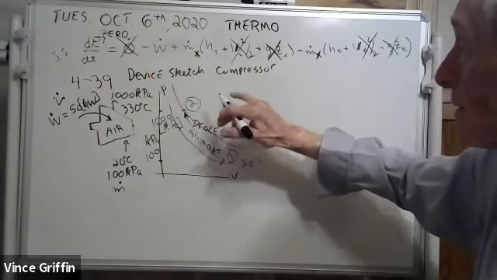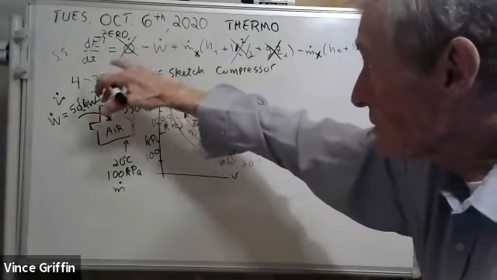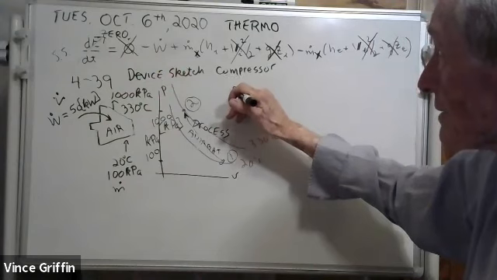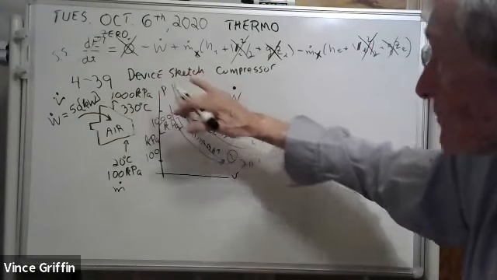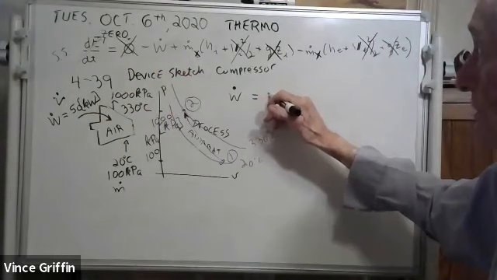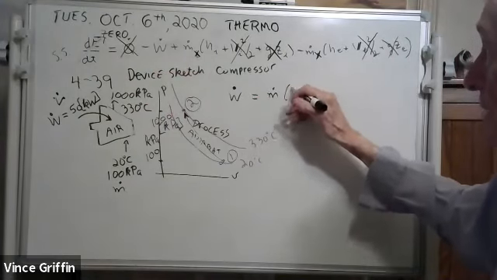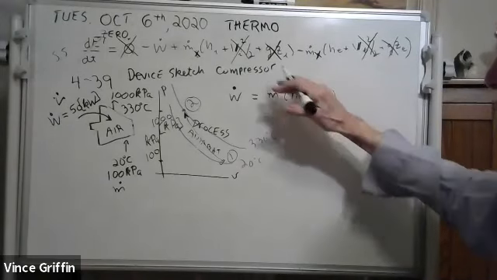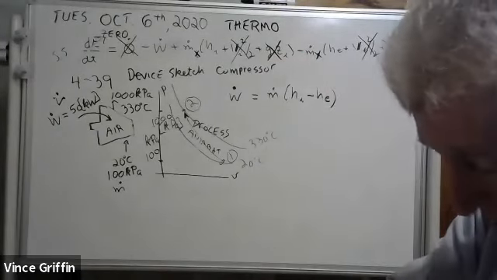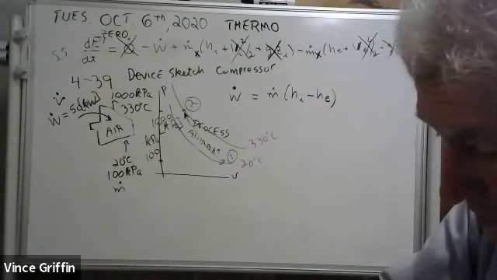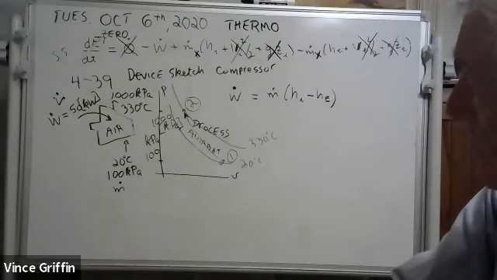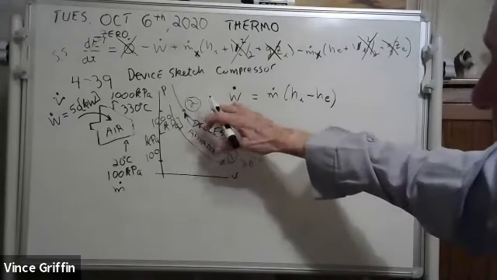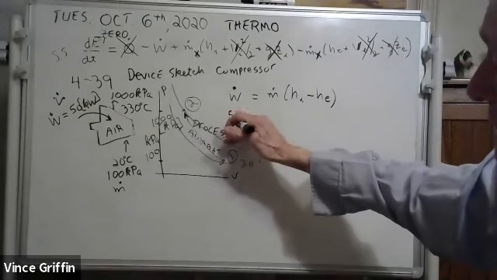And I tell you what we can do, we can put this W over on the other side, like that, W dot, that's power. And it's going to equal your m dot times HI minus HE. We're throwing out these other terms because they are negligible. That's the same thing we had before. But now they gave us this. They said this is 50 kilowatts.